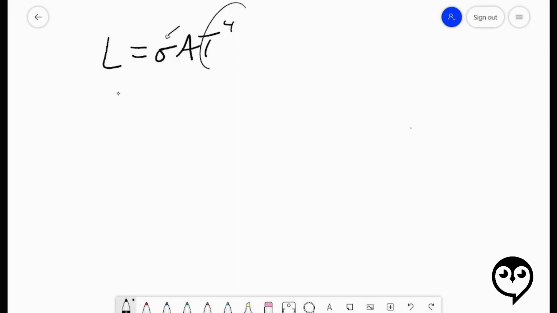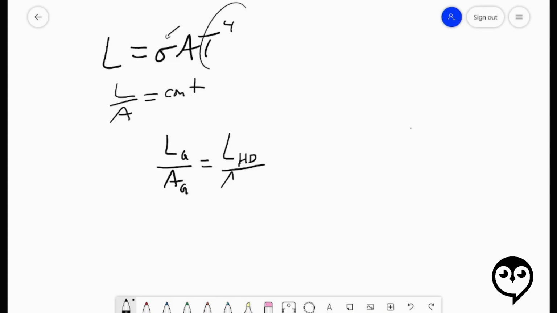So we can say luminosity divided by area is going to be some constant, and the luminosity of this Gomeisa as a ratio with its area will equal the ratio of the luminosity of this HD with its area. Then we'll do a ratio of luminosities with a ratio of areas.